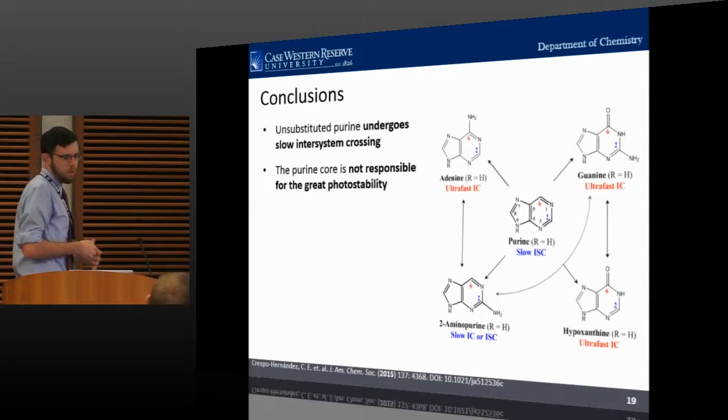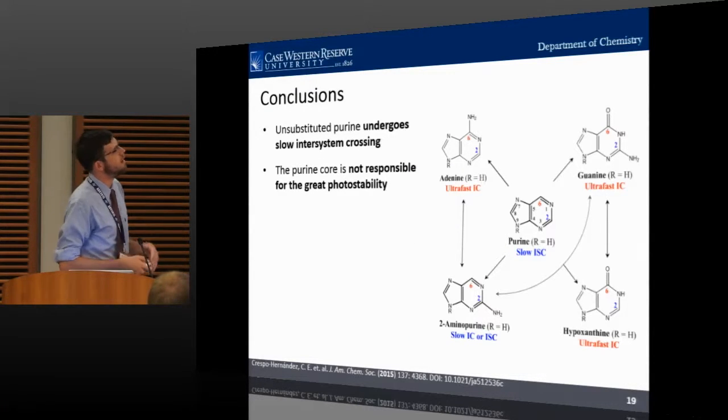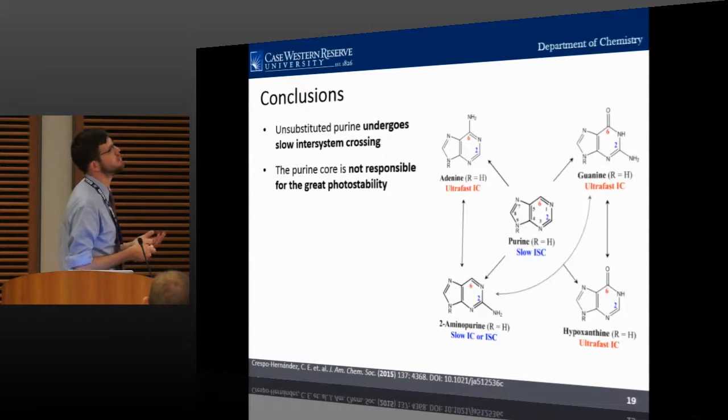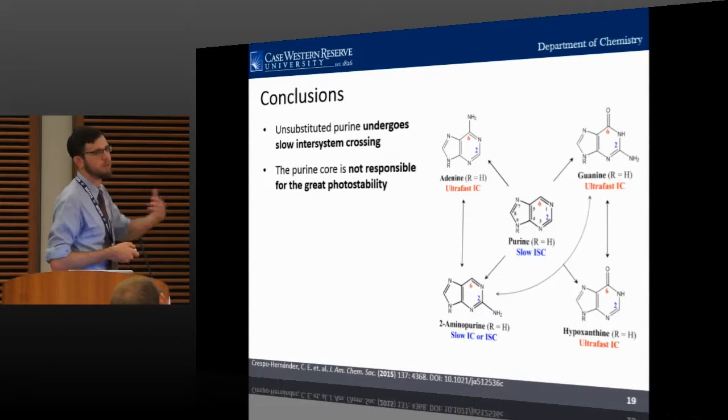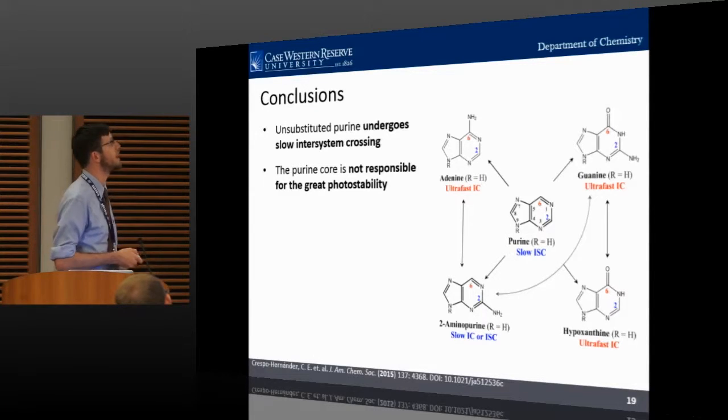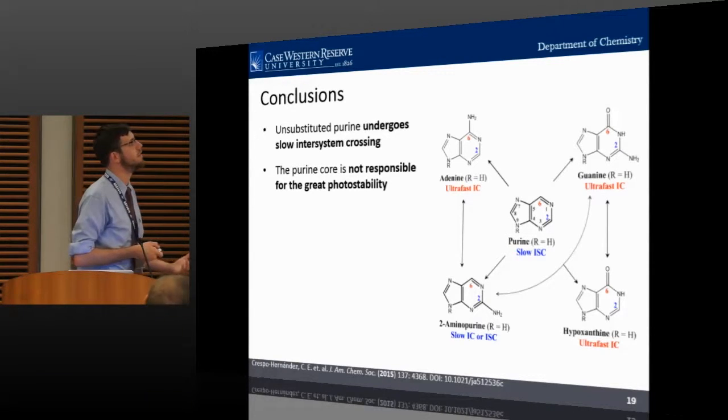So from this, we learned that the purine core doesn't undergo ultrafast internal conversion to the ground state. Rather, it intersystem crosses to populate the triplet, and that triplet lives a long time, which gives it a long time to do chemical reactions. So the core of these compounds is not responsible for the photostability seen in DNA.